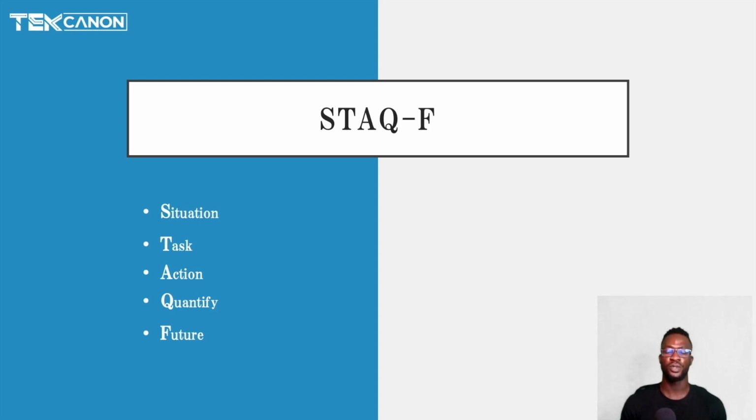Now for future, you want to definitely explain what you could have done better if there were any shortcomings during your project, or if you don't have anything for what you could have done better, you could always talk about what you can do in the future to even improve the outcome of your application. Say in the example we gave where there was an issue with customer onboarding time and you helped resolve that with forms.